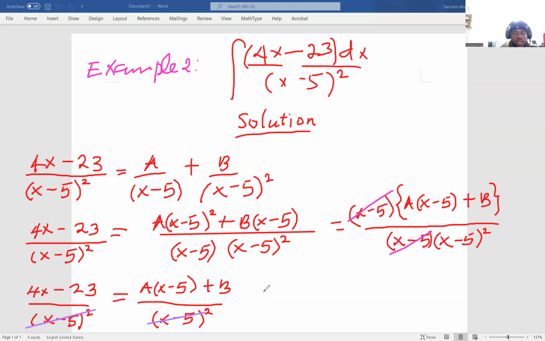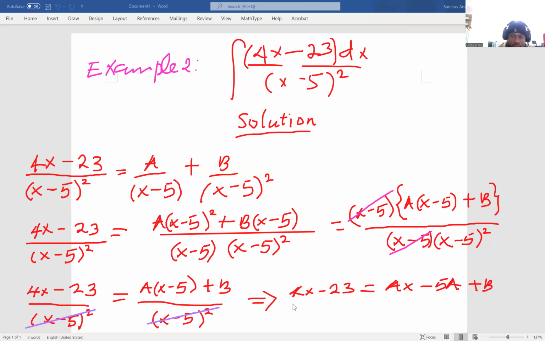So this implies that 4x minus 23 is equal to, we can open this bracket right now, Ax minus 5A plus B, just like we did in our last video.